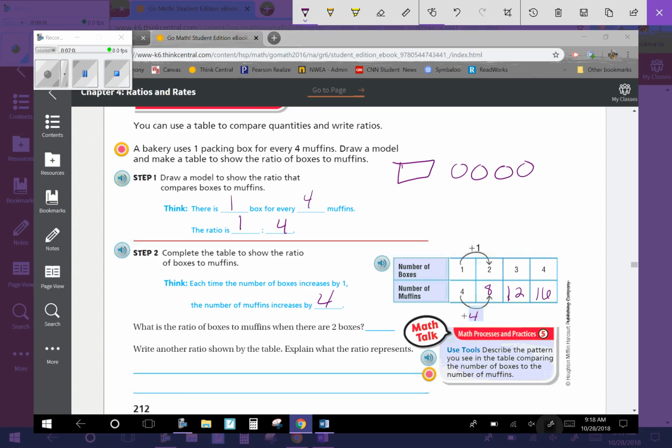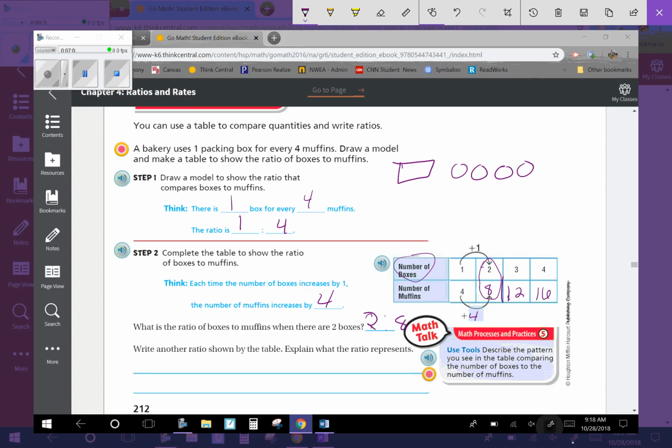So what is the ratio of boxes to muffins when there are 2 boxes? To find that, I just look at the number of boxes right here. I go to 2, and whatever's below it, which is going to be 8. So the ratio is 2 to 8. Write another ratio shown by the table and explain what that ratio represents.